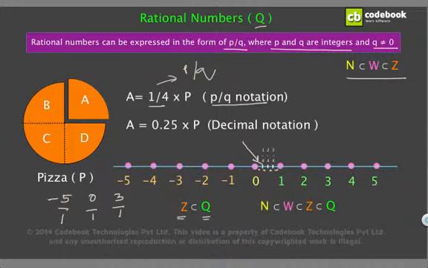In the previous lesson we learned natural numbers are a subset of whole numbers, which are a subset of integers, and now we learned integers are a subset of rational numbers. So we can say N subset W subset Z subset Q, which means all natural numbers, whole numbers and integers are contained in rational numbers. In other words, natural numbers, whole numbers and integers are all rational numbers.